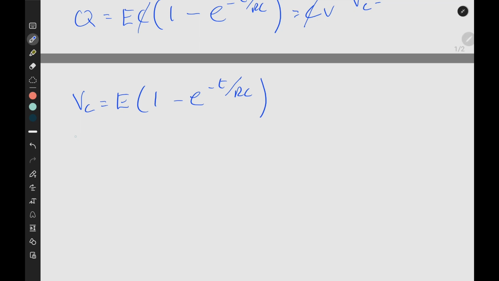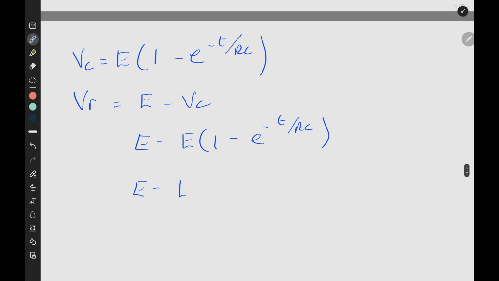And if you want the voltage for the resistor, it's just E minus VC. Let's work that out: it becomes E minus E times (1 minus e to the negative t over RC). Multiplying that out, you get E minus E plus E e to the negative t over RC, so the E's go away. So VR equals E e to the negative t over RC.